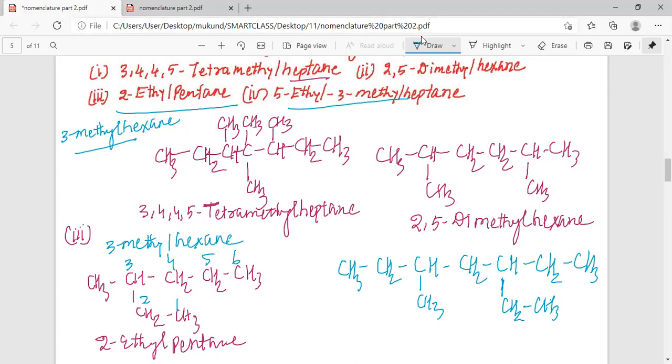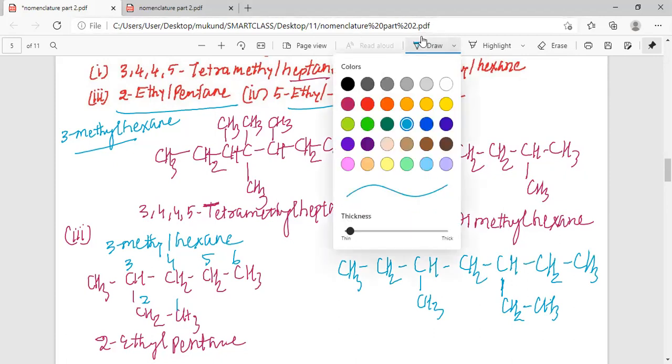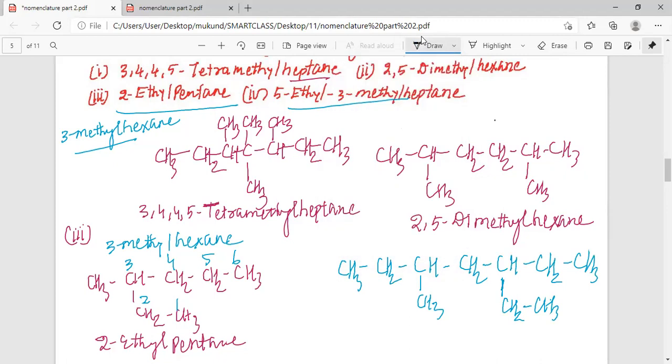Now, if we start giving numbering, my dear students, we will realize something: 1, 2, 3, 4, 5, 6, and 7. According to this numbering system, we will have 3 plus 5.